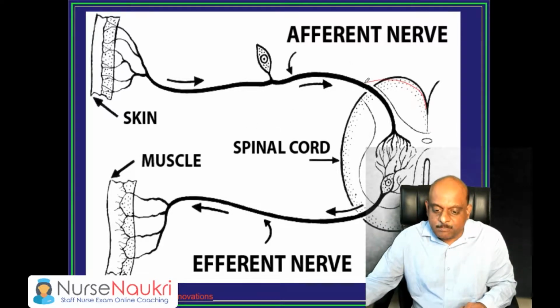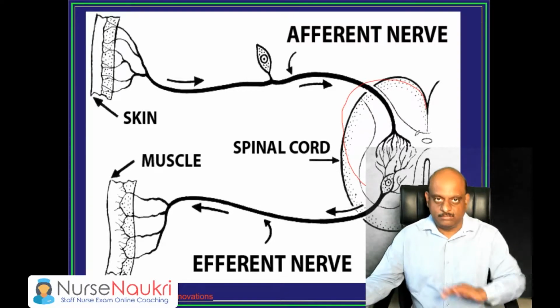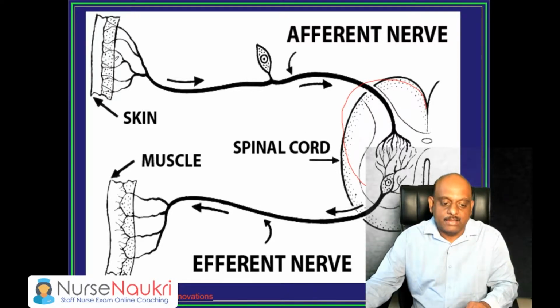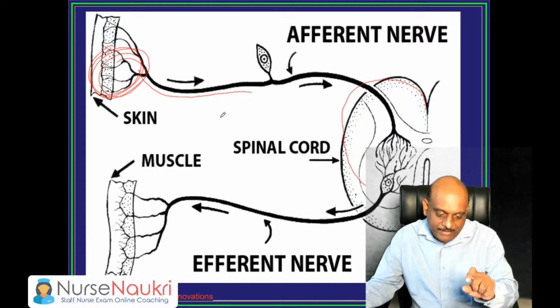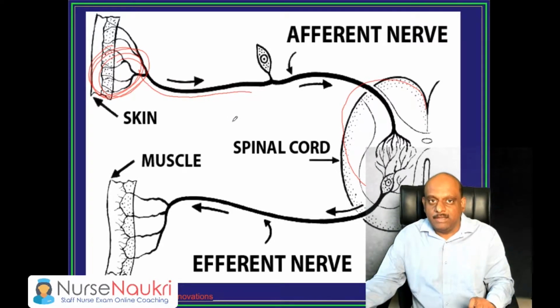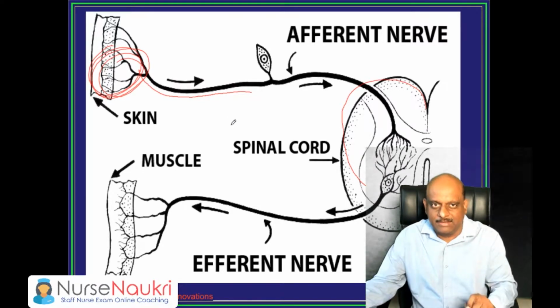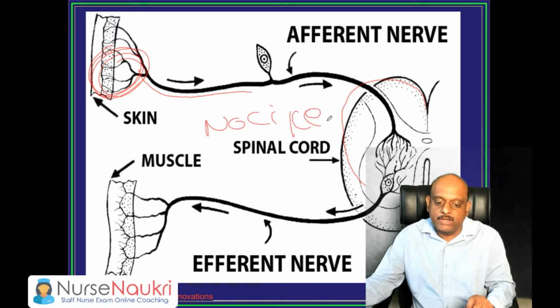So this is the spinal cord. And in the skin, you have the sensory receptors. From here, the sensation, suppose if I pinch you, if I happen to apply a pin and cause pain, pain is called nociception. What is the word used for pain?